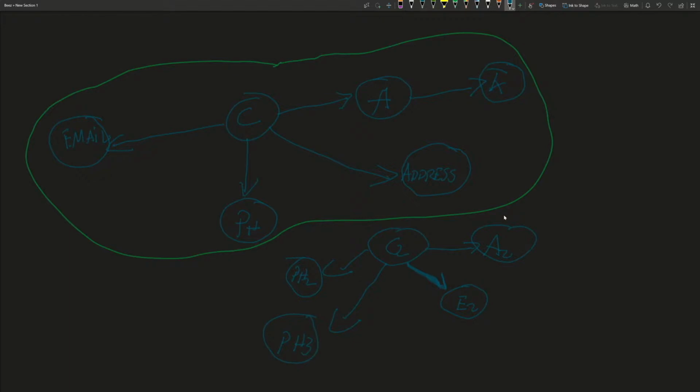I can change phone numbers and things. But what happens if all of a sudden they say, oh, I'm using an email address, and it's this email address? Well, that becomes interesting because now this cluster encompasses this as well.